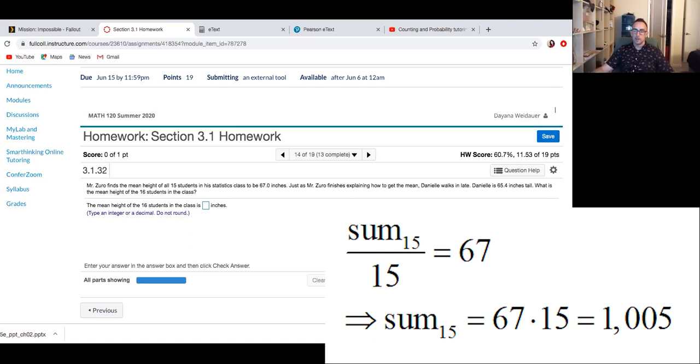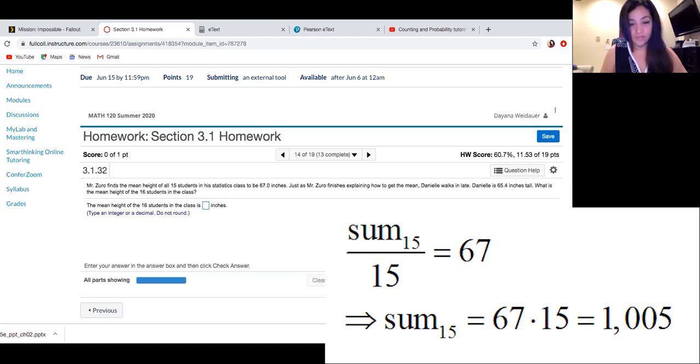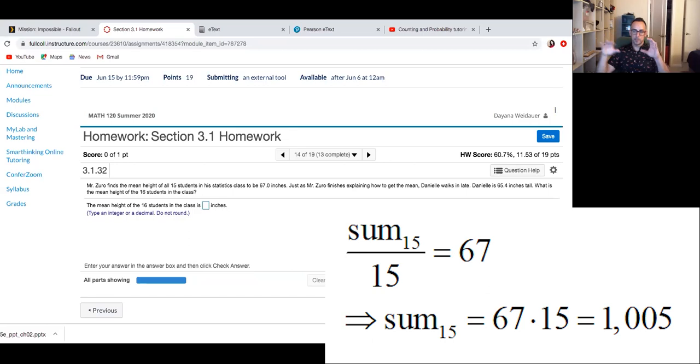So all you have to do is multiply. Do you understand that the sum of the 15 student scores is 15 times 67? If you look at the formula, the sum divided by 15 equals 67. If you multiply both sides by 15, you get 15 times 67.